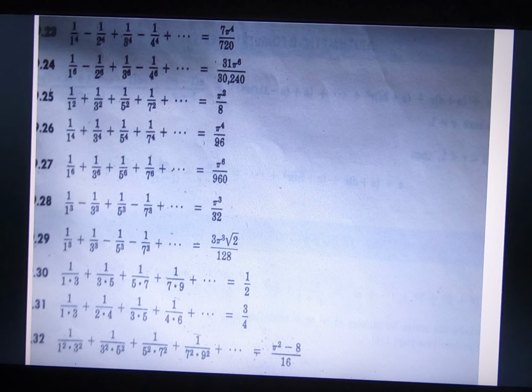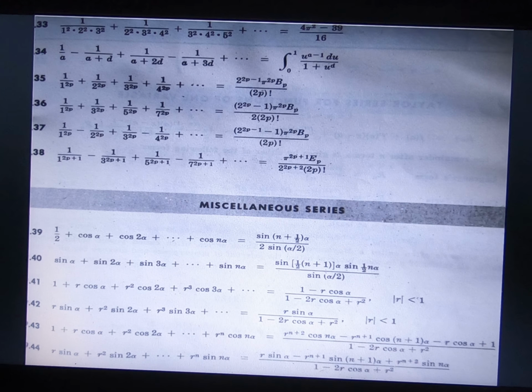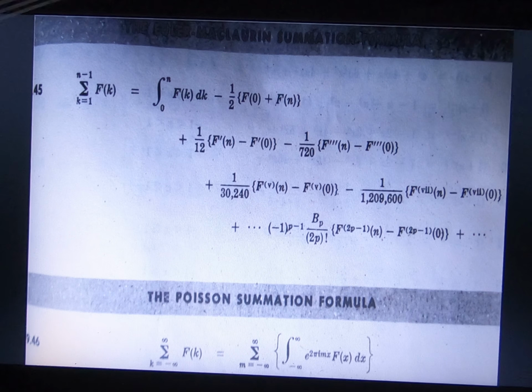And these are reciprocals of powers of positive integers. I will show you later how they come up with log 2, and this infinity series to be pi divided by 4.